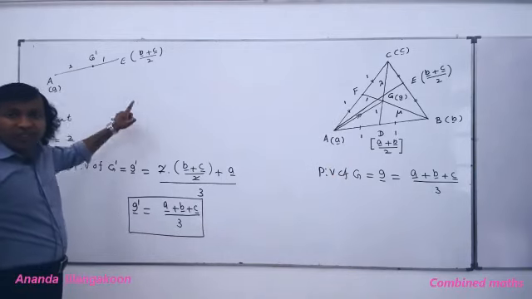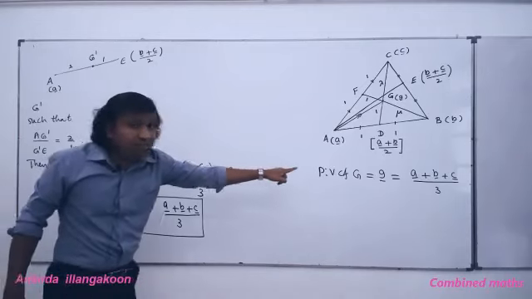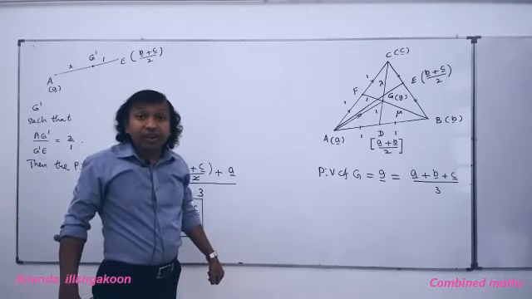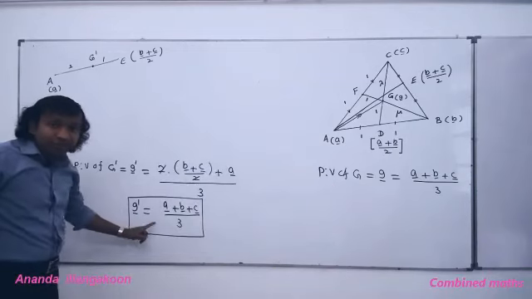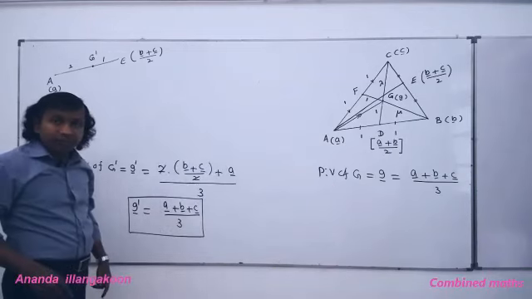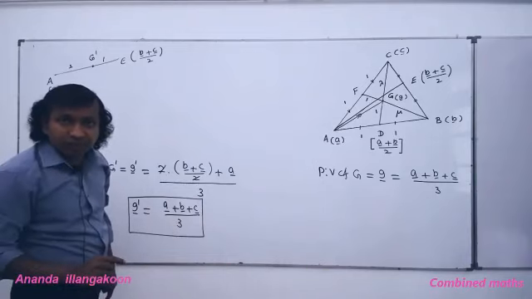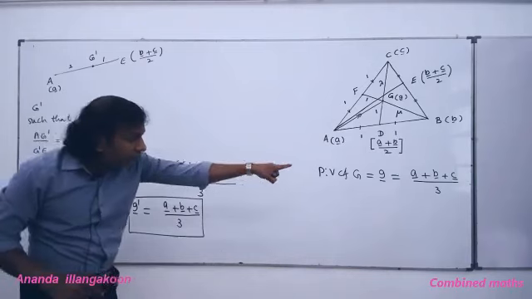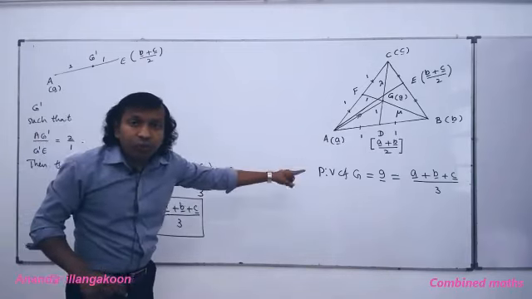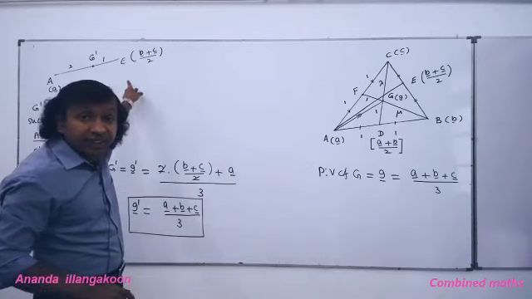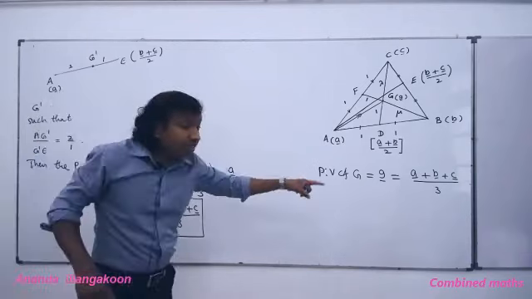Therefore, people, this point G dash should really be that G. Why? The position vector of G and the position vector of G dash being the same. A point has only one position vector. So therefore, this point G dash is no longer a different point, that G dash is G.